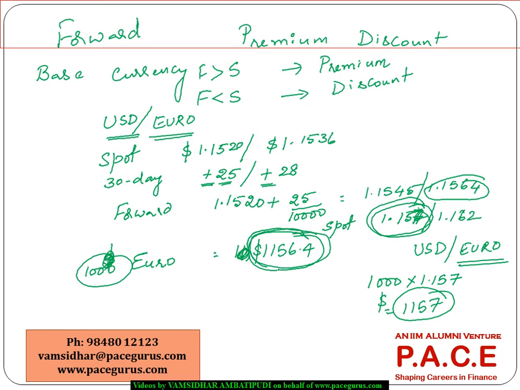I started with $1,156, converted them into euros by entering into the forward market. But I can very well sell off the euros in the spot market on that day and make some kind of a profit. So this is how we find out the value.